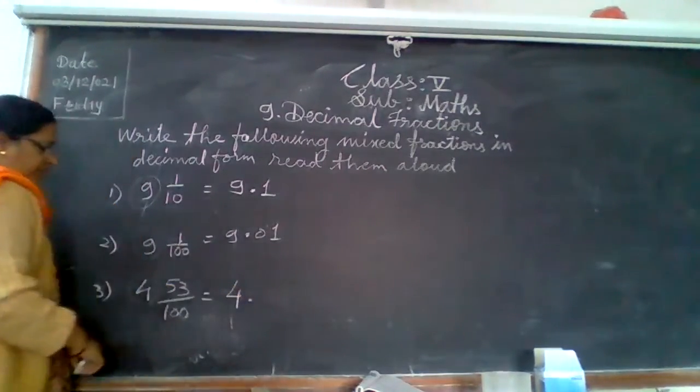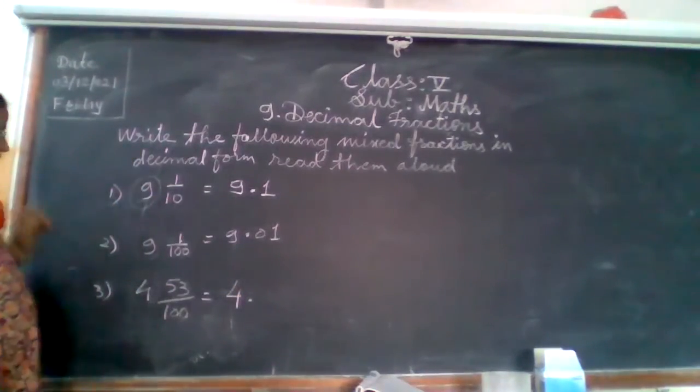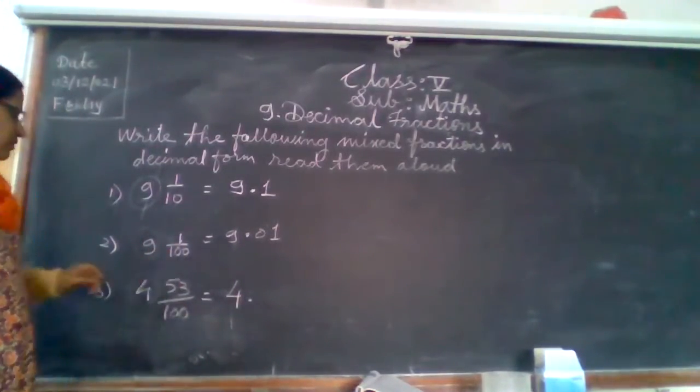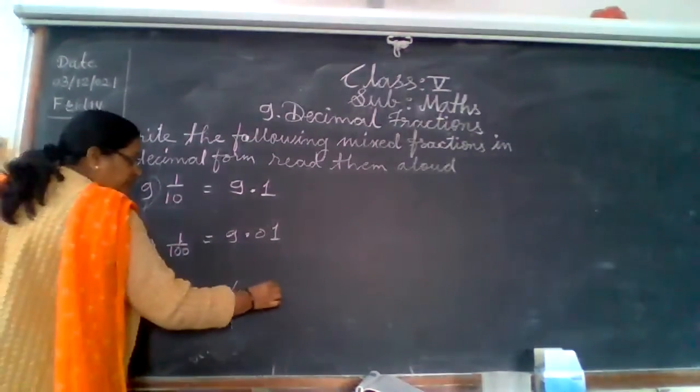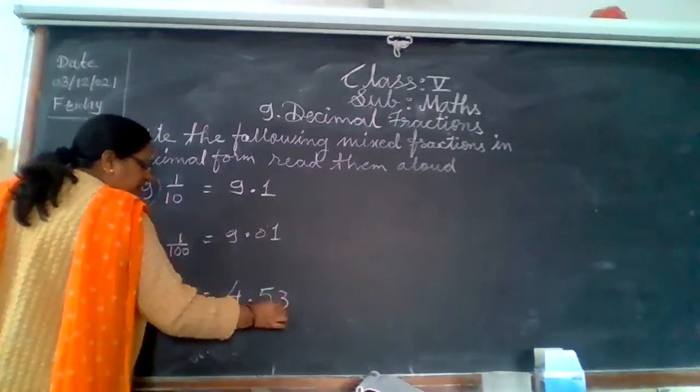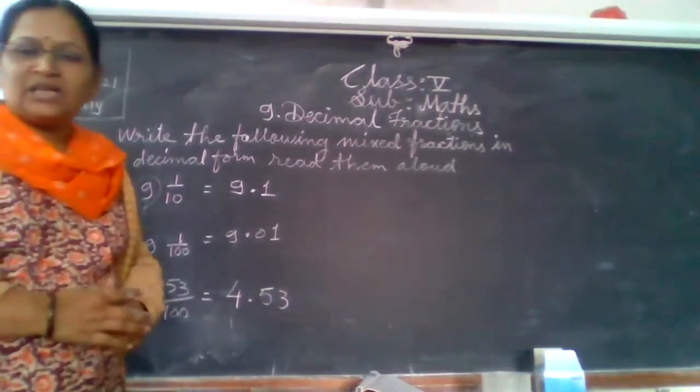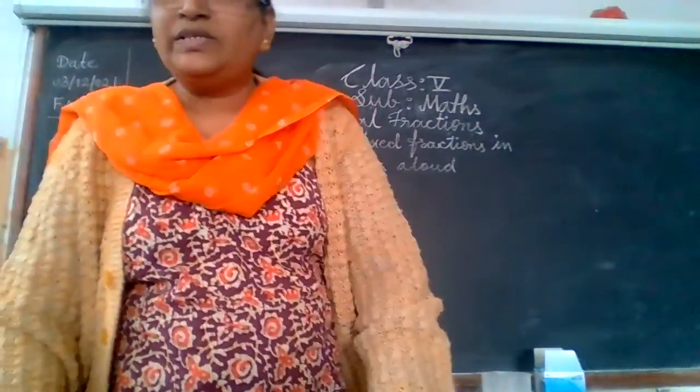Put 0. Now divide this. It is the tenths place, it is the hundredths place. So 4.53. How will you read this number? 4.53 or 4 and 53 hundredths.